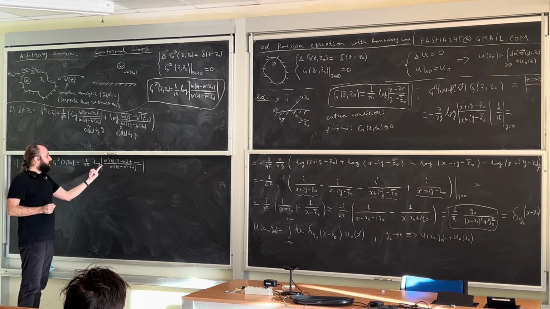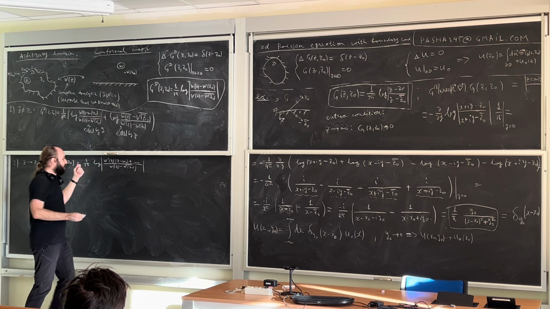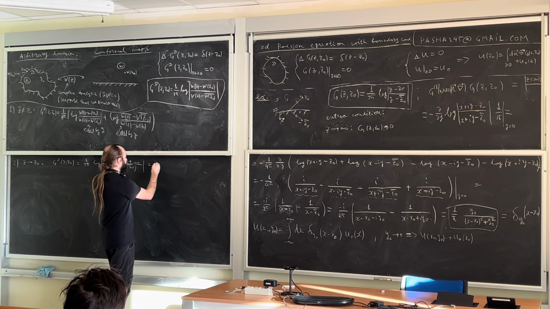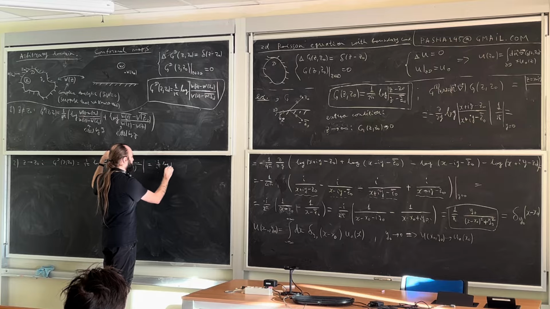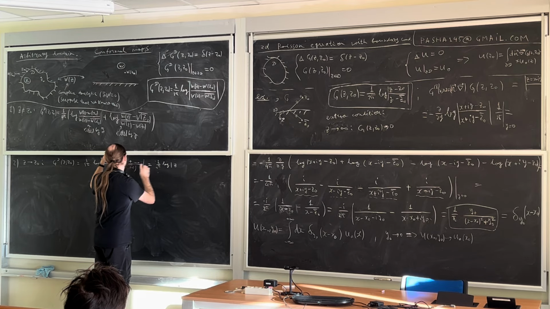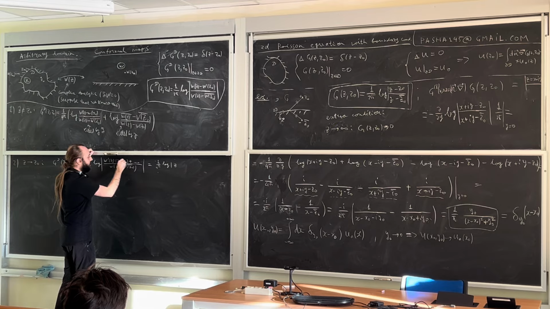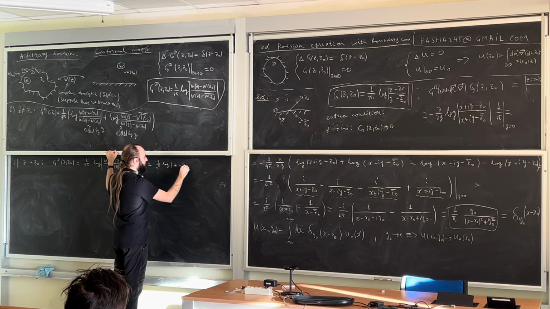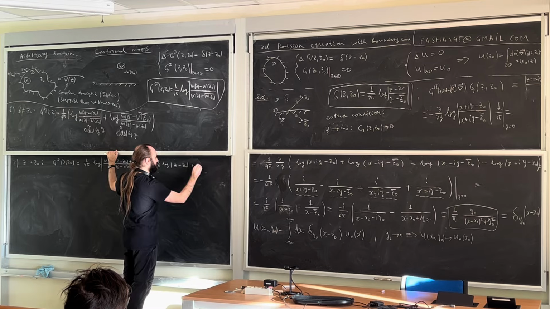So as a function of Z, it is 1 over 2π logarithm of absolute value of Z minus Z0, plus some constant.